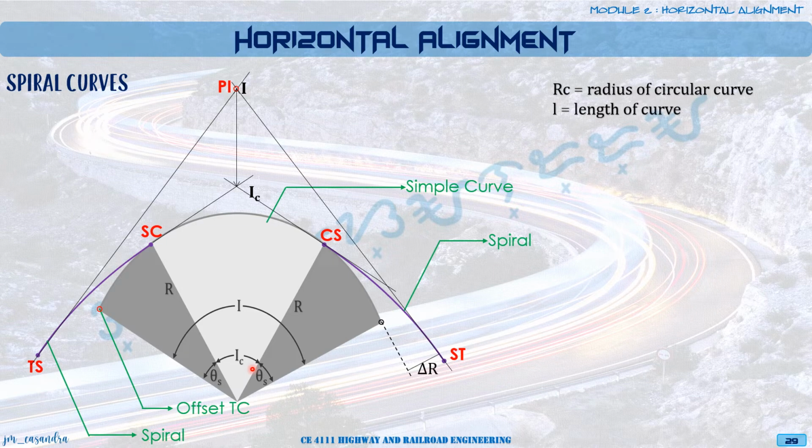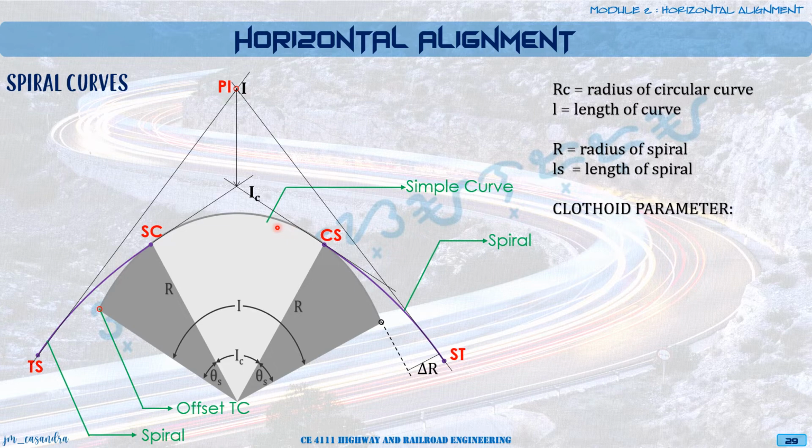And then we have your L, which is the length of curve, or we also call this as LC. And then we have the R, which is the radius of the spiral, and LS is the length of the spiral. So from this given basic information of our curves, we could now get what we call your clothoid parameter, which is simply the ratio between our spiral and your radius, or your circular curves.